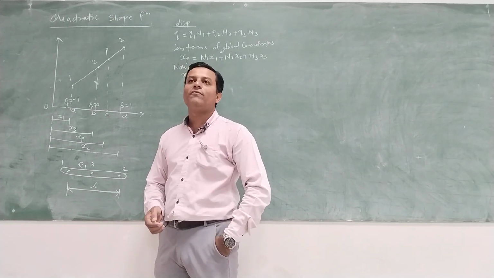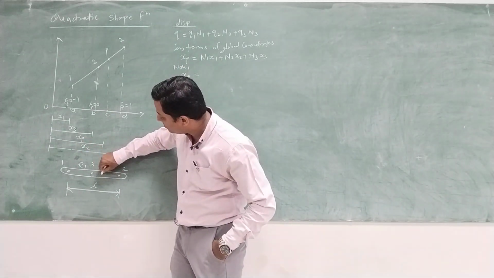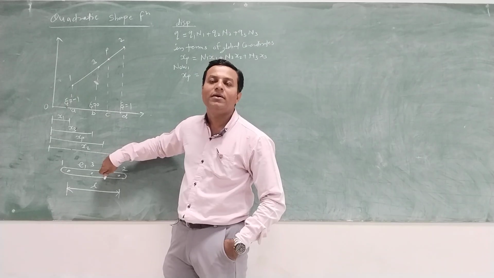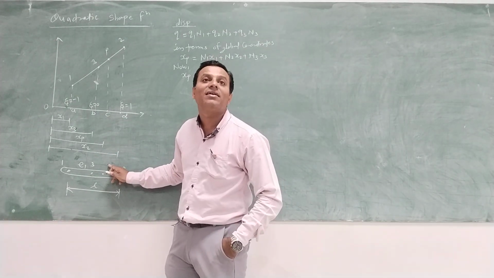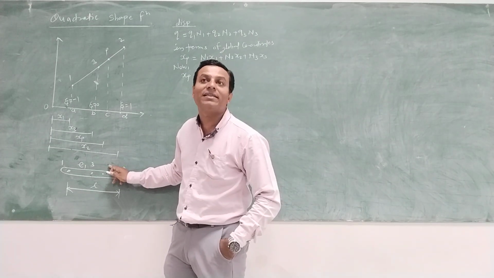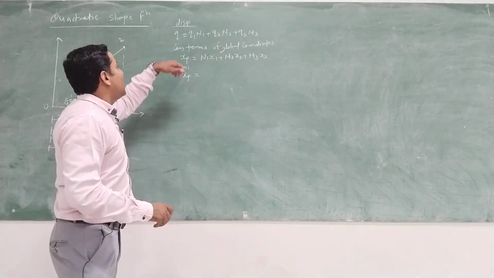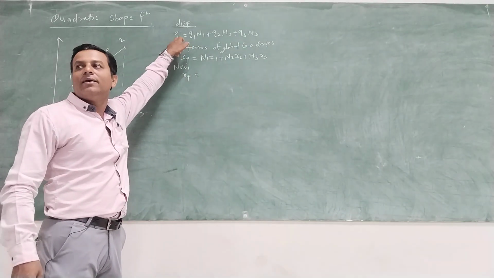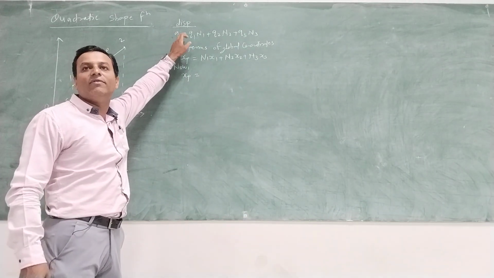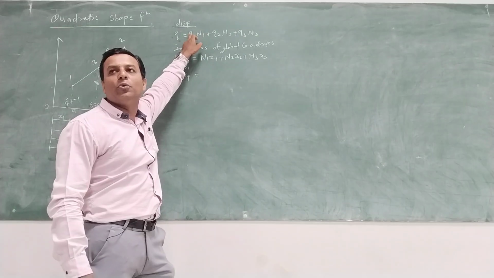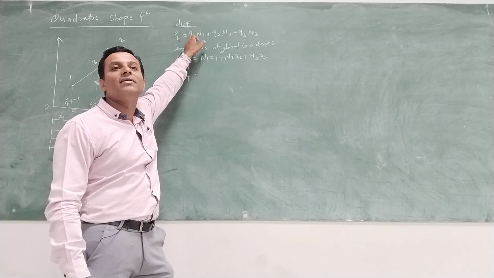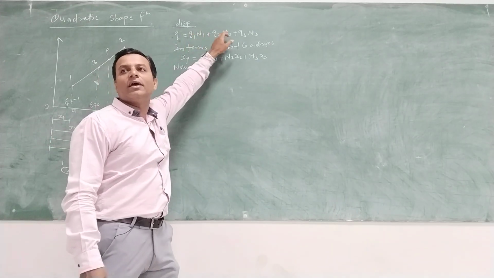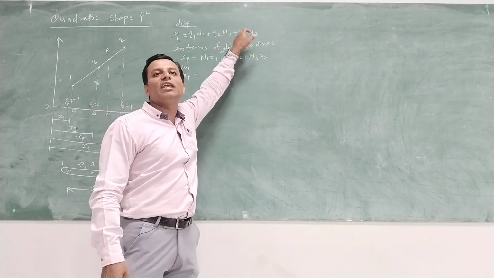Now suppose someone asks me to determine the displacement of this intermediate point. To find the displacement of this intermediate point, I will require the shape functions. The displacement of the intermediate point will be equal to N1 q1, where N1 is the shape function of node 1 and q1 is the displacement of node 1, plus N2 q2 plus N3 q3.